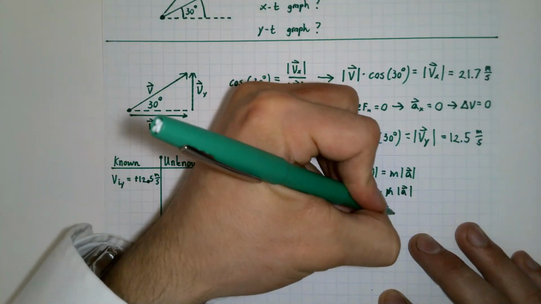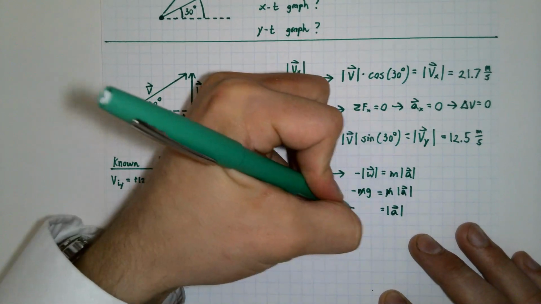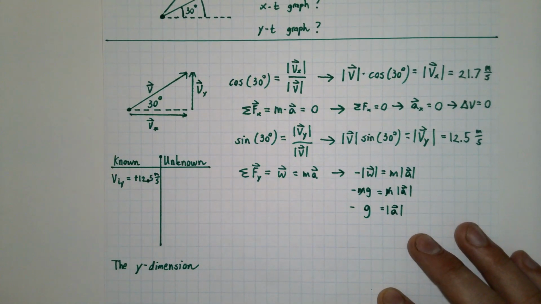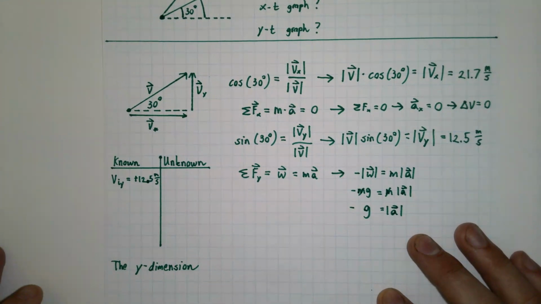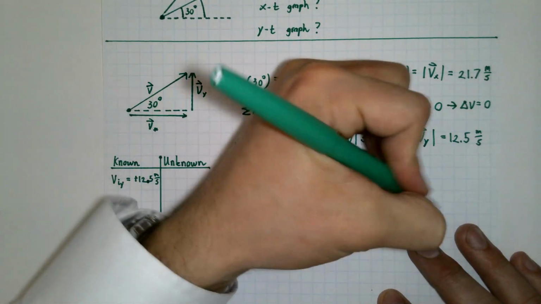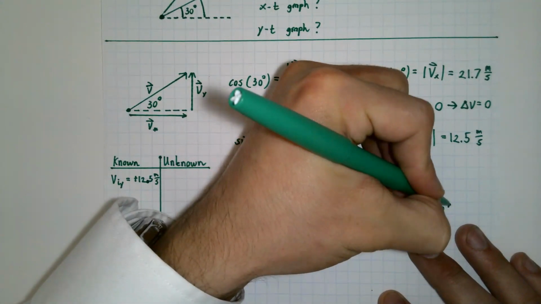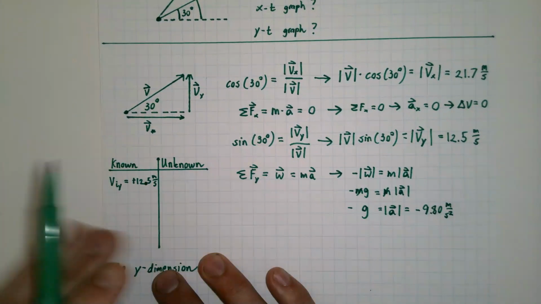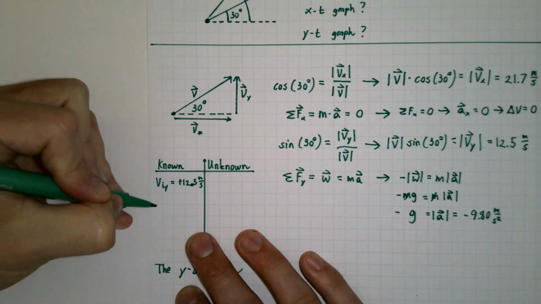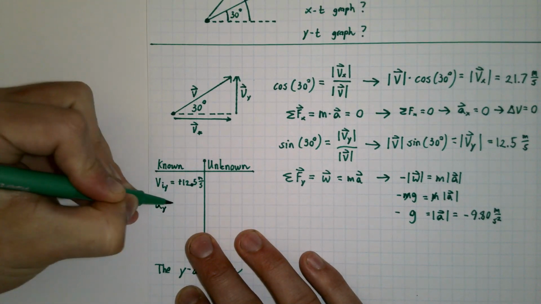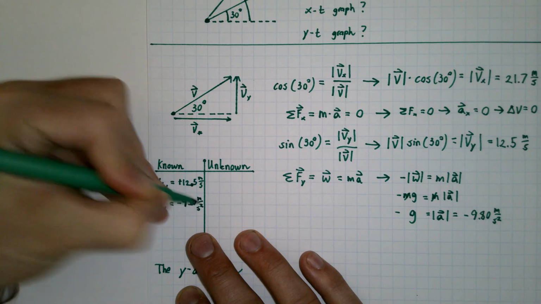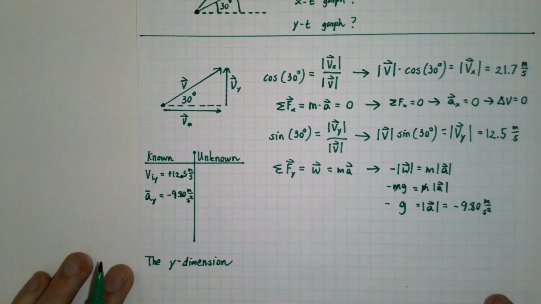So we see that the acceleration of the object is minus g, which is 9.8 newtons per kilogram, which is the same thing as meters per second squared. So negative 9.80 meters per second squared. That's something else that we know, because that is the force that's affecting the baseball's motion in the y dimension.